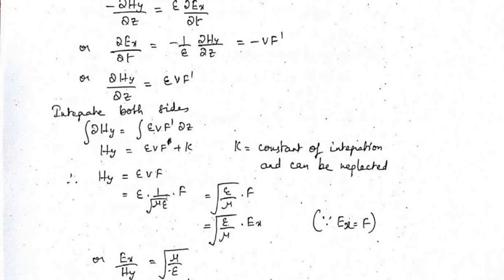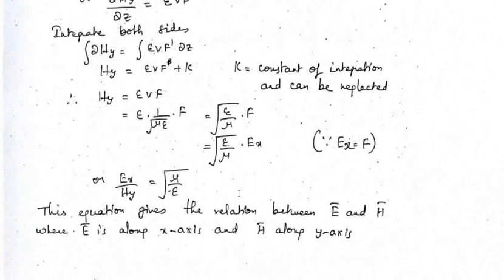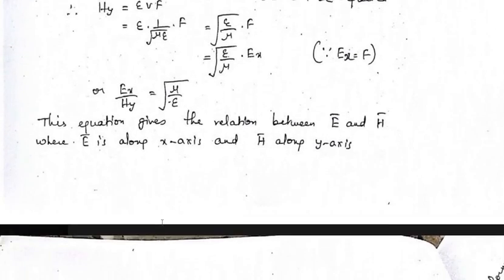In place of v, put 1 by square root of mu into epsilon, and simplify this, we get square root of epsilon by mu into Ex. Take Ex and Hy on one side and these terms on the other side. So we get Ex by Hy is equal to square root of mu by epsilon. This is the relationship between E and H, where E is along the x-axis and H is along the y-axis.